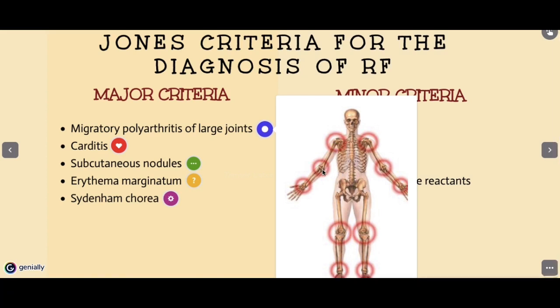More than one joint may be affected at any given time, and they tend to move, right? So let's say if it starts at the shoulder joint, then the arthritis will migrate and start to involve the elbow joint, for example, or maybe starting off with the knee joint and then migrate and involve the ankle joint, okay? So that's migratory polyarthritis.